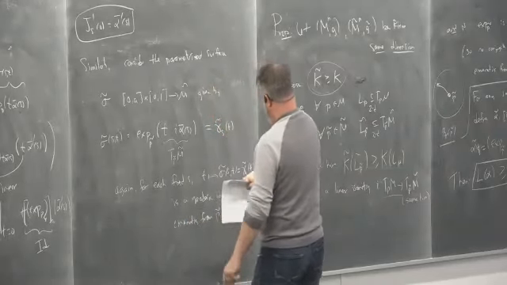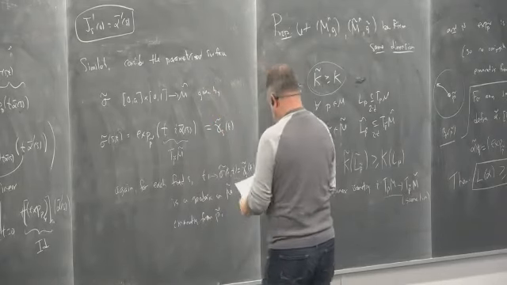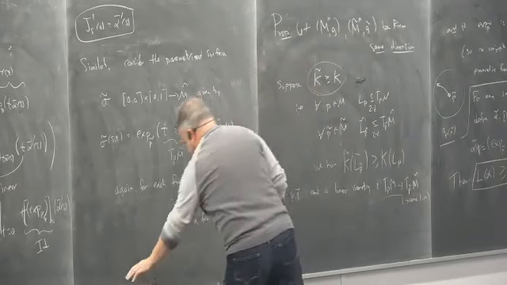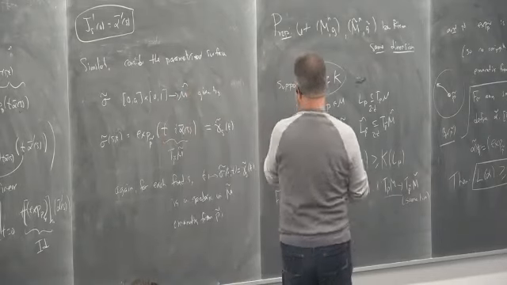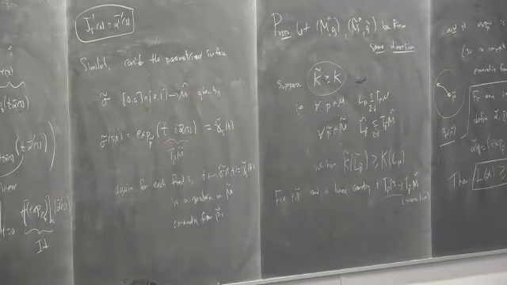When you plug in T equals 0, you get P tilde. So therefore, I can differentiate it with respect to S again, and I'll get a Jacobi field along gamma S tilde.